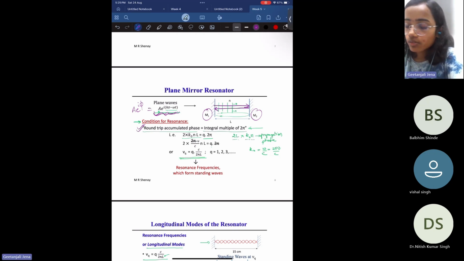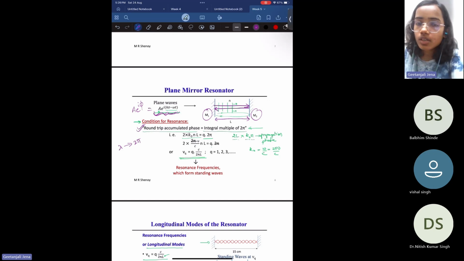And how can you calculate the accumulated phase for a given length L? If you recall from optics, when the wave travels a distance lambda, the total phase accumulated is 2 pi.